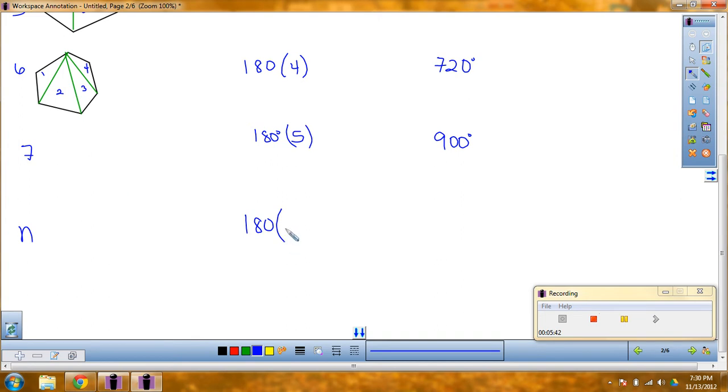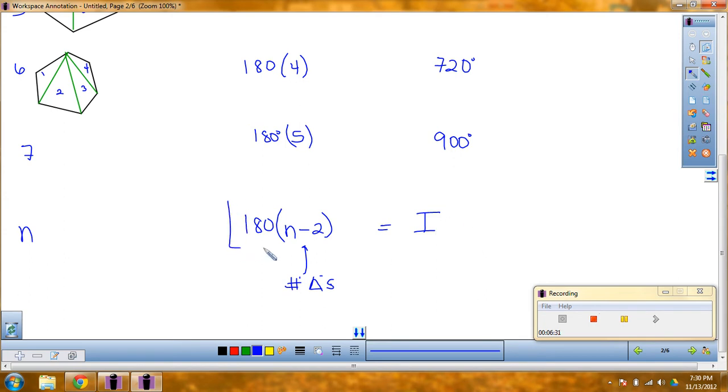So we could take the number of sides and subtract 2. That is going to be our number of triangles. And from that, we can then find our sum, which we are going to call I, the sum of the interior angles.